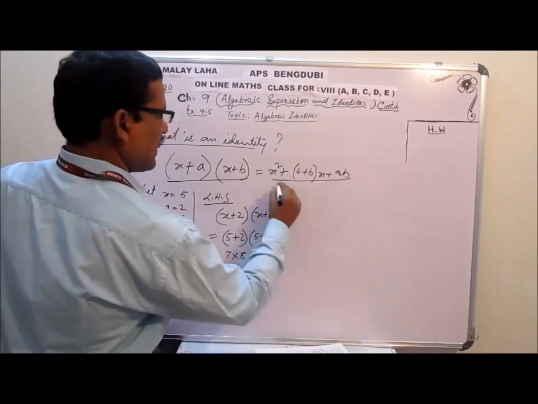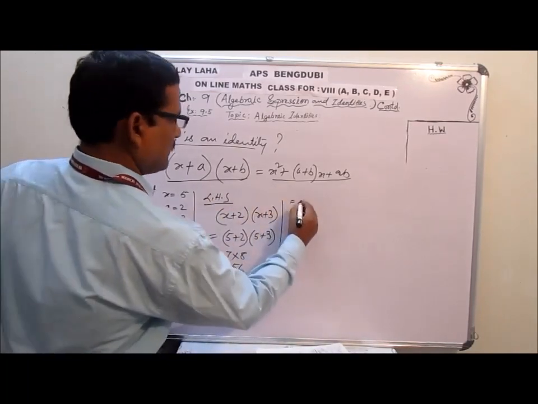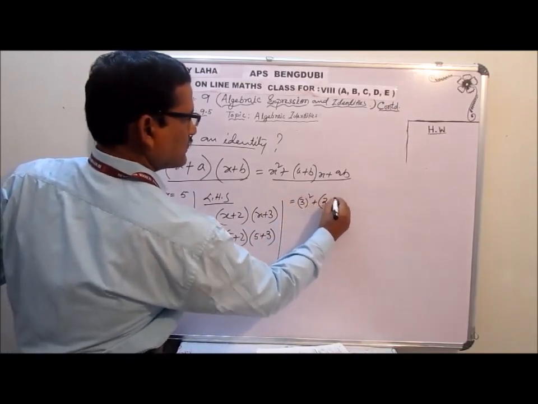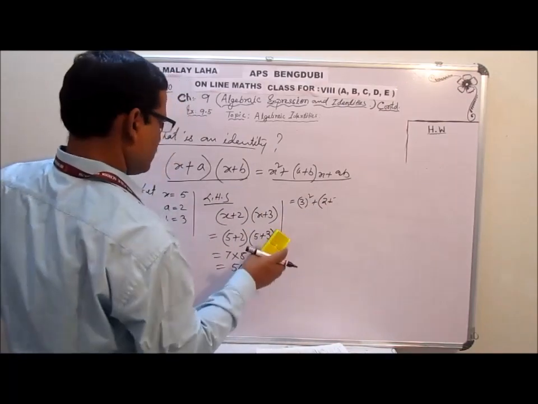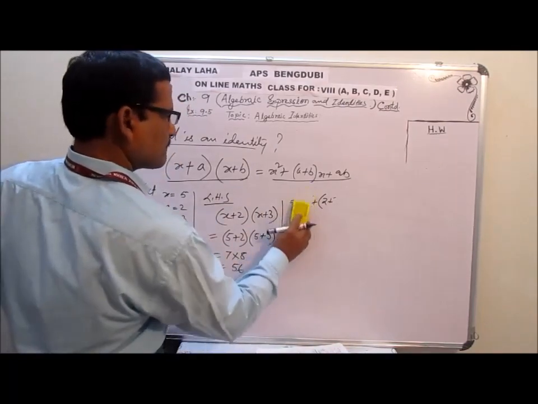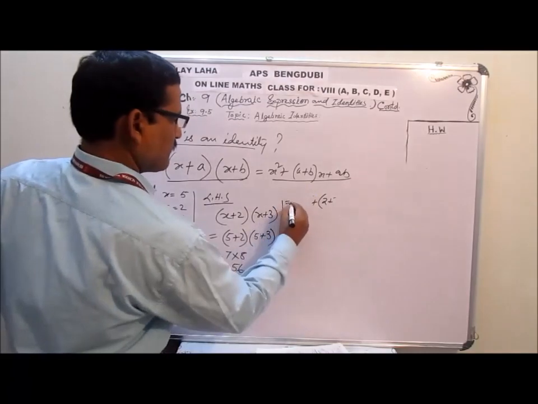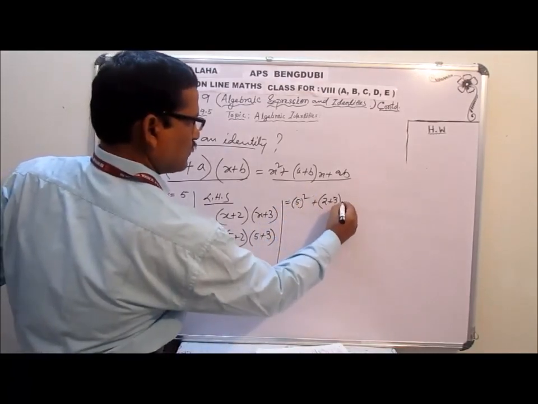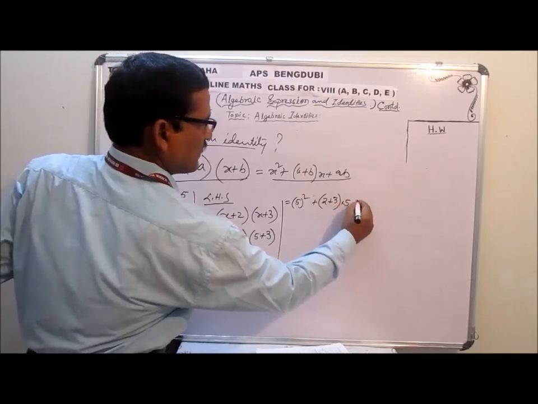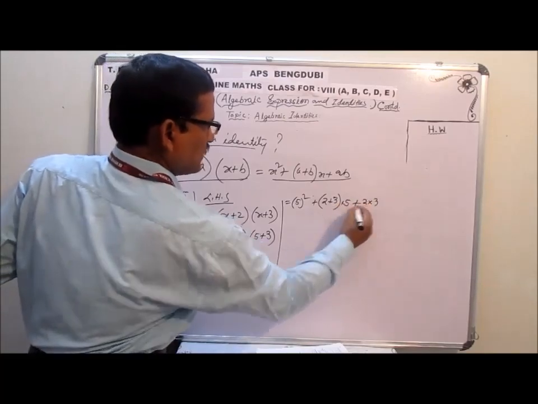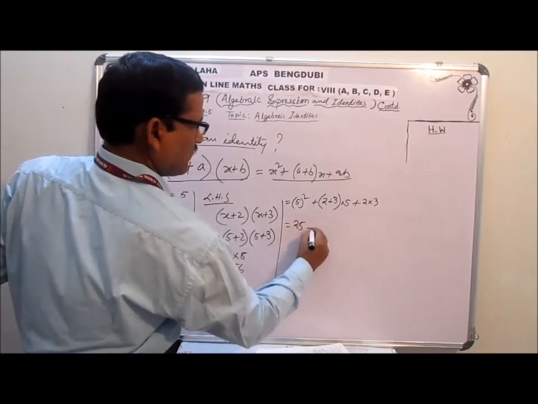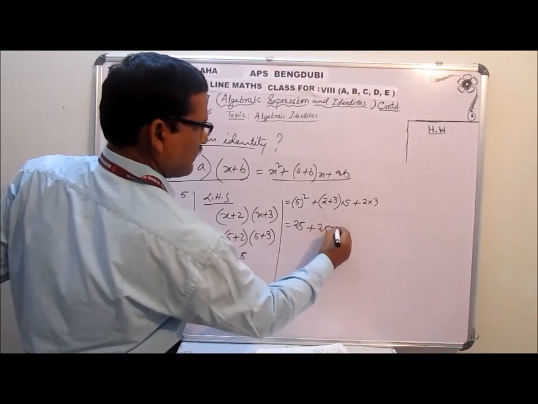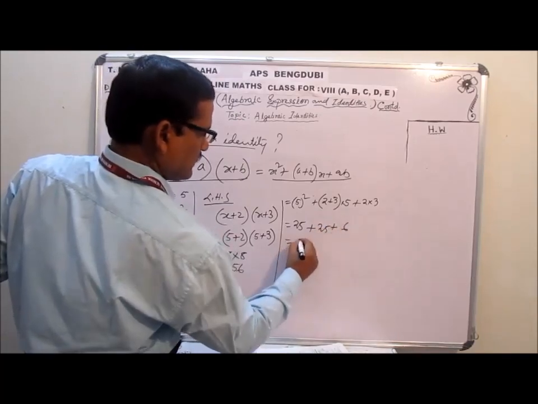Now here I will put the value of x equal to 5: 5 square plus 2 plus 3 into 5 plus 2 into 3. 5 square is 25, plus 5 fives are 25, plus 6, that is coming 56.